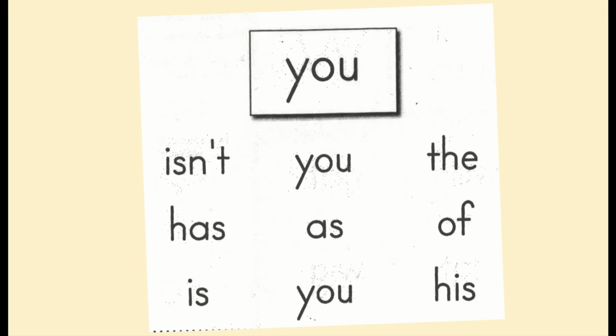Now let's practice reading some sight words. We have a new word today, the word you. Say it with me. You. Y-O-U. You. Now let's practice reading our previous sight words. Ready? Isn't. I-S-N apostrophe T. Isn't. You. Y-O-U. You. The.